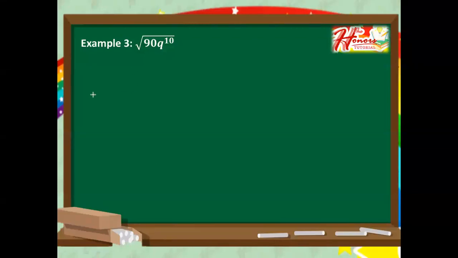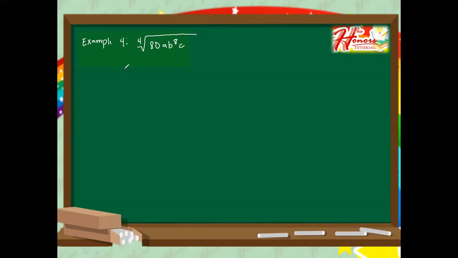Let's say that we have here the fourth root of 80 a b raised to 8 c.